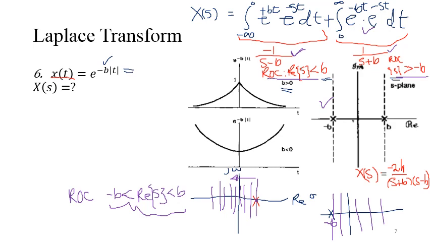For the right-sided signal, this whole plane is for the right side. Similarly, this whole plane is for the left-sided signal. If we combine the two, because this signal is now two-sided, we have some finite region of ROC, which in this particular case is defined from greater than minus b up to less than plus b. So I hope this gives you an idea.